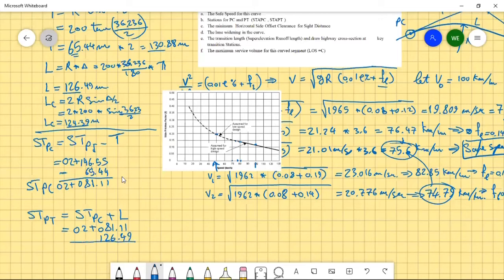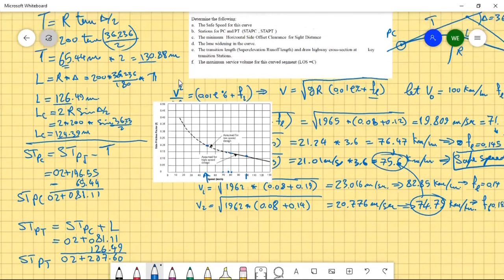So here we have 2 plus 207.60. That's the station of the point of tangent.